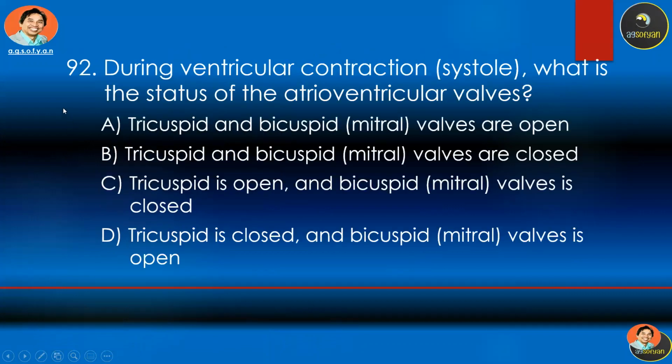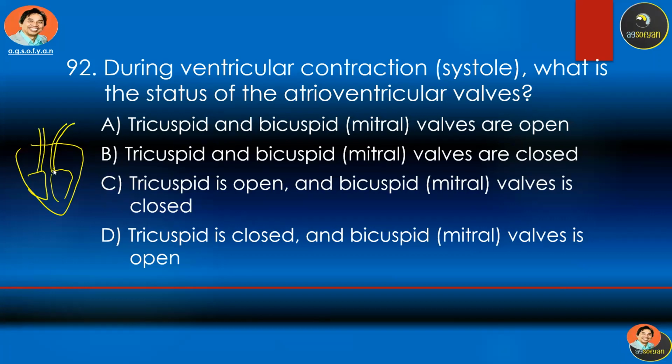During the ventricular contraction or systole, what is the status of the atrioventricular valves? Okay, this is what happens when we pump the blood from the left ventricle, and also from the right ventricle going to the pulmonary trunk.